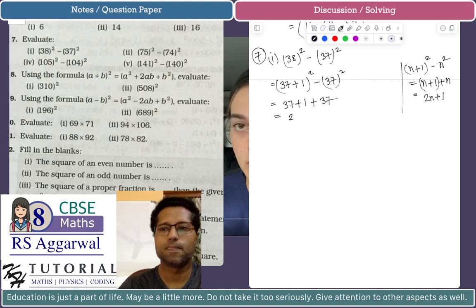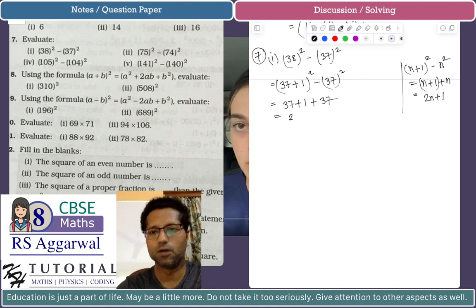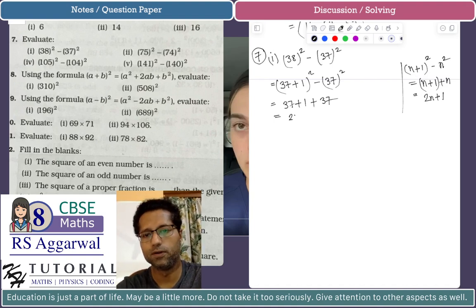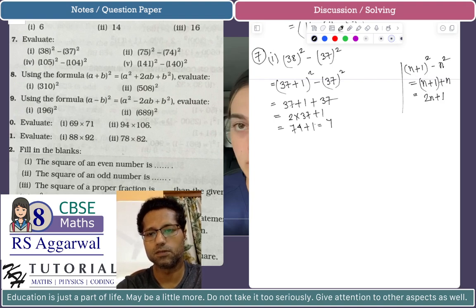But remember that in this example, n is 37. So this is 2 into 37 plus 1, which is 74 plus 1, equal to 75.